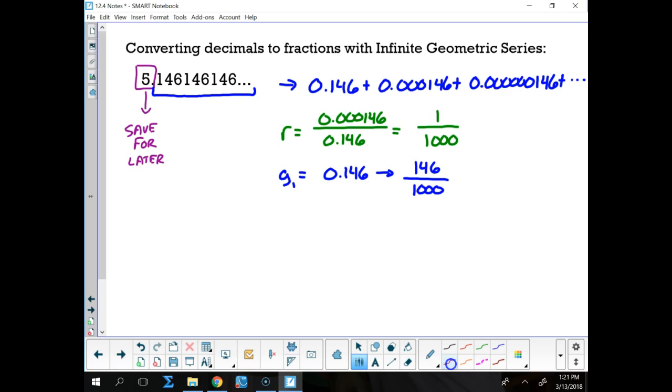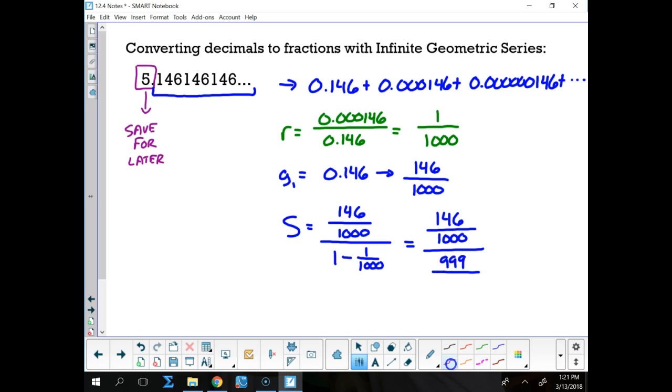All right. So now my sum is going to be my first term, which was 146 over 1,000, divided by 1 minus R. One minus R. So 1 minus 1/1,000 is 999 over 1,000, right?